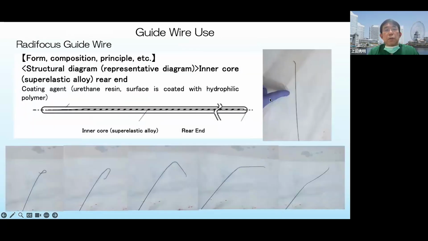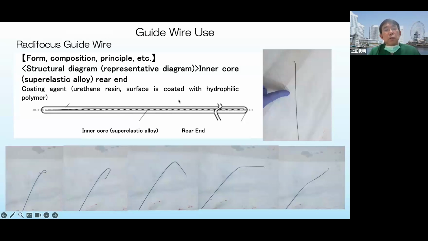This is the picture of the guide wire. The most famous guide wire is the Radifocus guide wire, which is coated with hydrophilic polymer, and it looks very floppy, a very soft one. But inside the coating, there's an inner core, a very stiff guide wire, and if you use it in the coronary arteries, it may hurt the coronary artery. It may perforate it very easily.